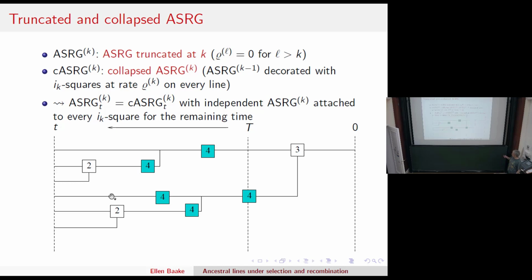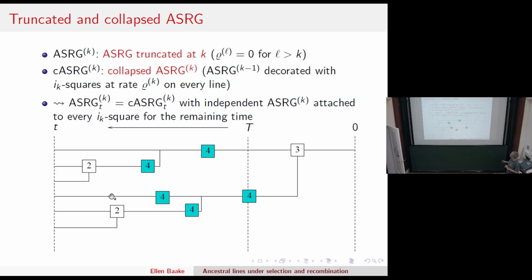And the tool to do so is what we call the collapsed ASRG k, or CASRG k for short. That is an ASRG from the previous recursion decorated with ik squares at rate rho k on every line. So that's a mouthful, but it's simple.